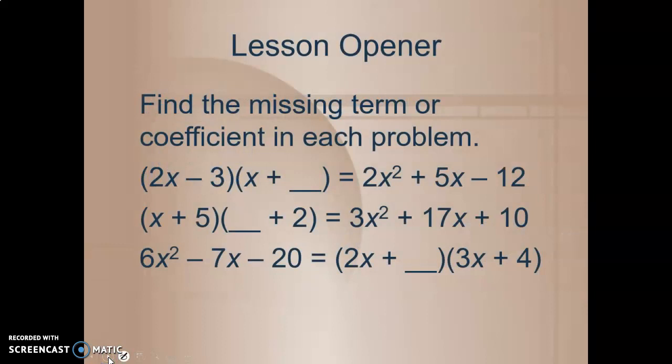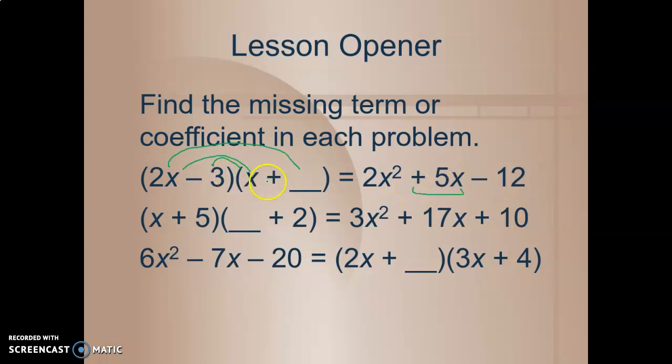But first, let's do a quick lesson opener, get your brains warmed up here, and find the missing term or coefficient in each problem. So let's take a look here. We know that when we multiply this, we want to get 2x squared, and 2 times something minus 3 times something is going to give us positive 5.